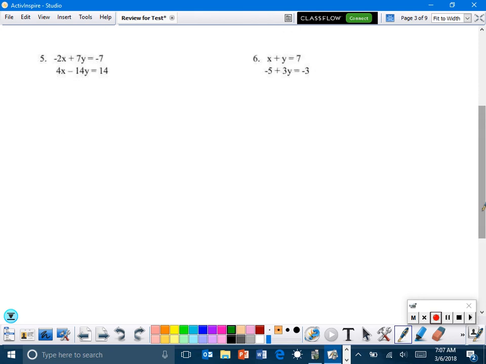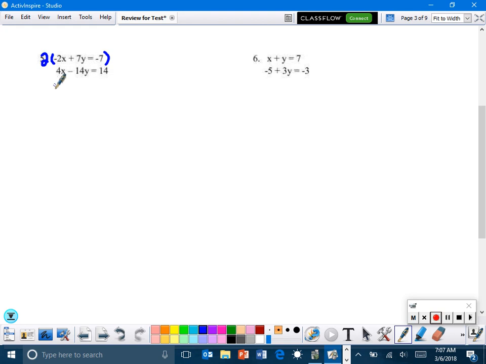So again, I'm going to set this up. I see I've got a 4x and a negative 2x. So what I want to do is make this negative 2x into a negative 4x. So I'm going to multiply by 2.